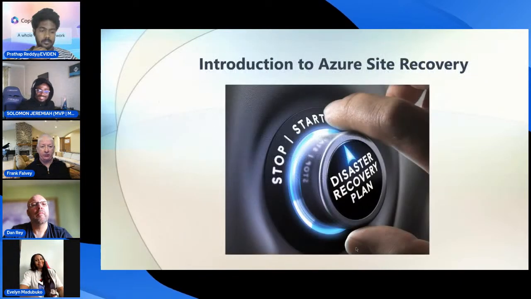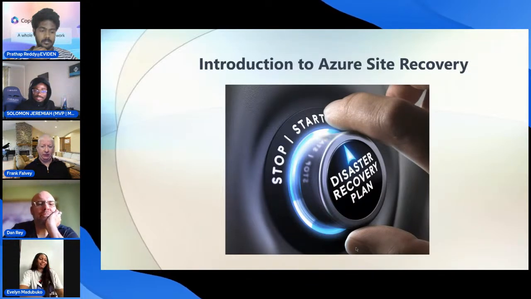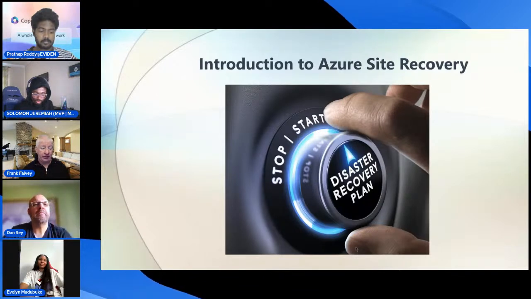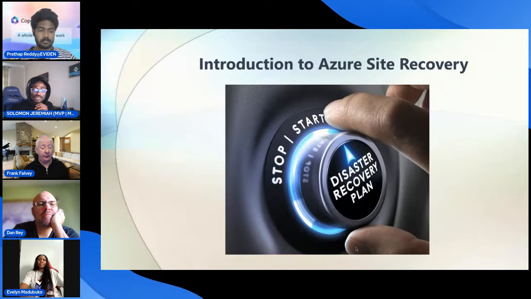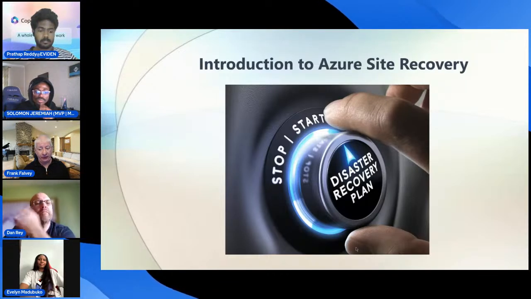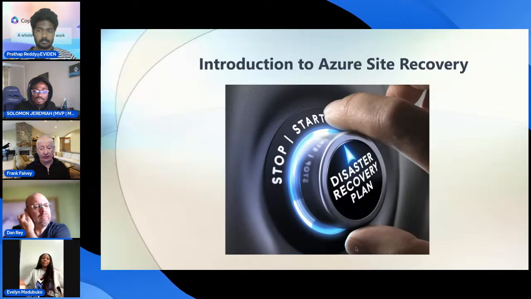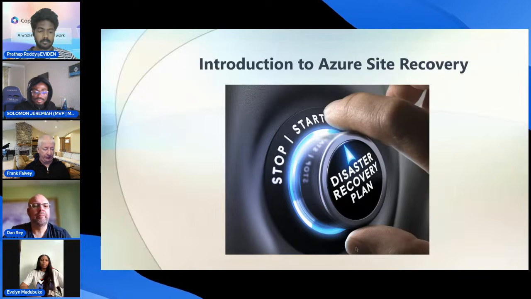So we'll continue. The introduction to Azure Site Recovery: everybody needs to have a plan. If something happens, like ransomware, or a natural disaster, whatever, you need to have a plan in place. So Azure is a good thing to have, because say you had your on premises and a natural disaster like a flood or something like that happened, and all your servers got destroyed.